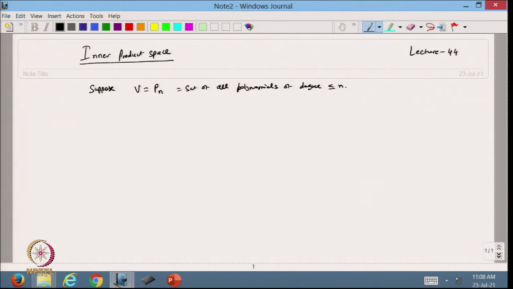Now, I know that this is a vector space of dimension n plus 1. Now, I take two polynomials, suppose p and q, that belong to the set of polynomials Pn.